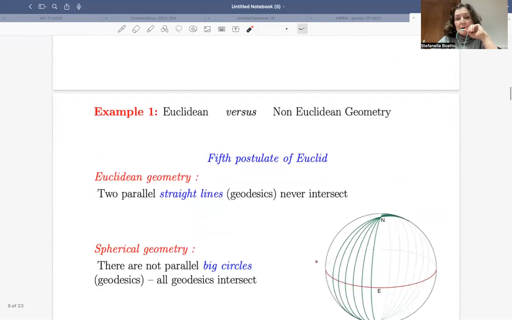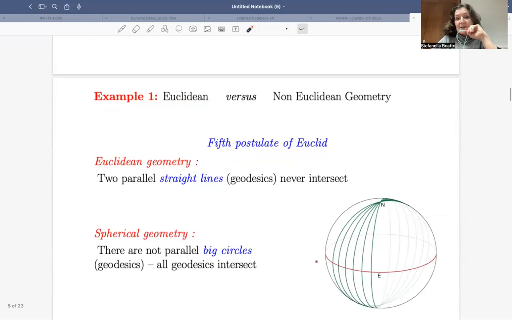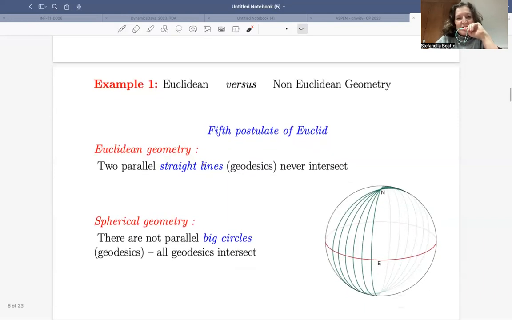So we have examples of this axiomatic theory. We know very well the one of geometry, Euclidean or non-Euclidean geometry, and we are very familiar with the choice of assuming or not the fifth postulate, which makes it possible to create new kinds of geometry, following Felix Klein's definition of what a geometry is.